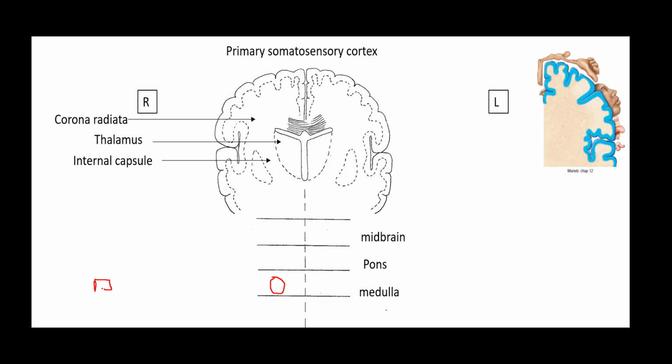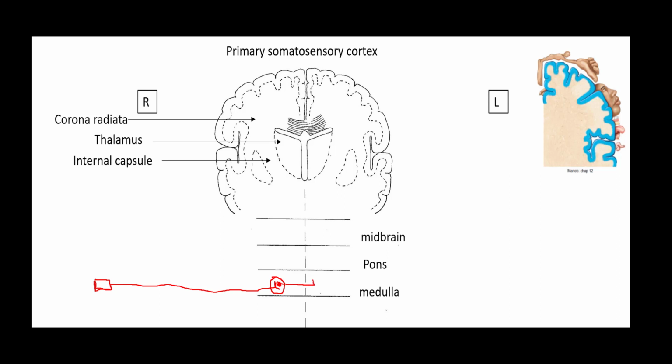Let us draw a receptor. We usually draw a receptor in a square shape. The GSA fibers are carried through the first order neuron, entering into the cranial nerve nucleus, where it synapses with the second order neuron and it decussates.